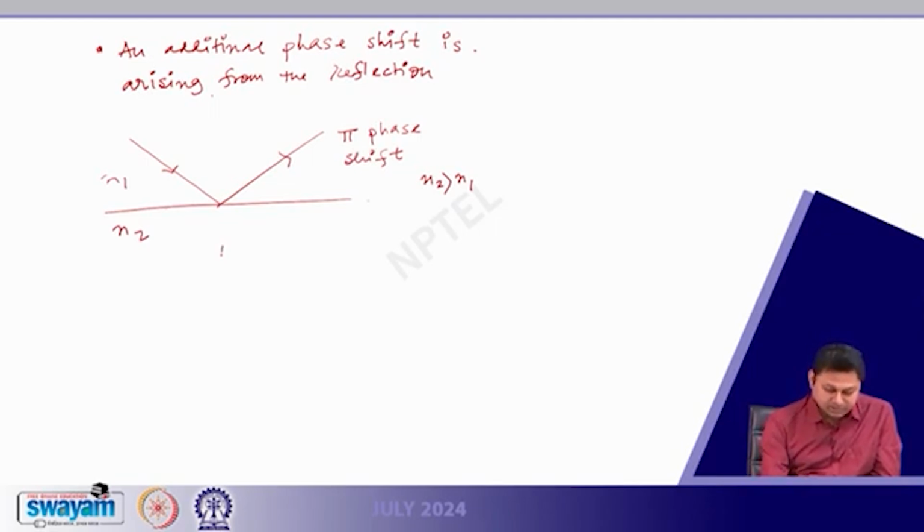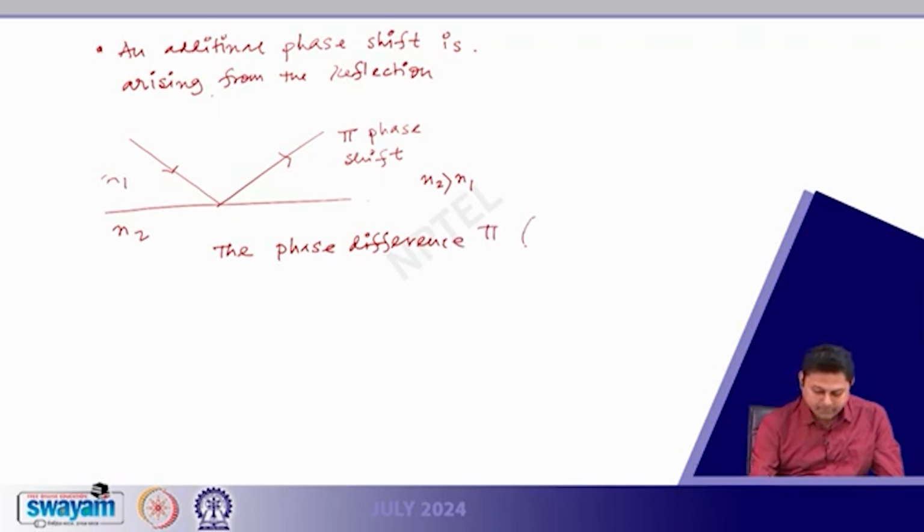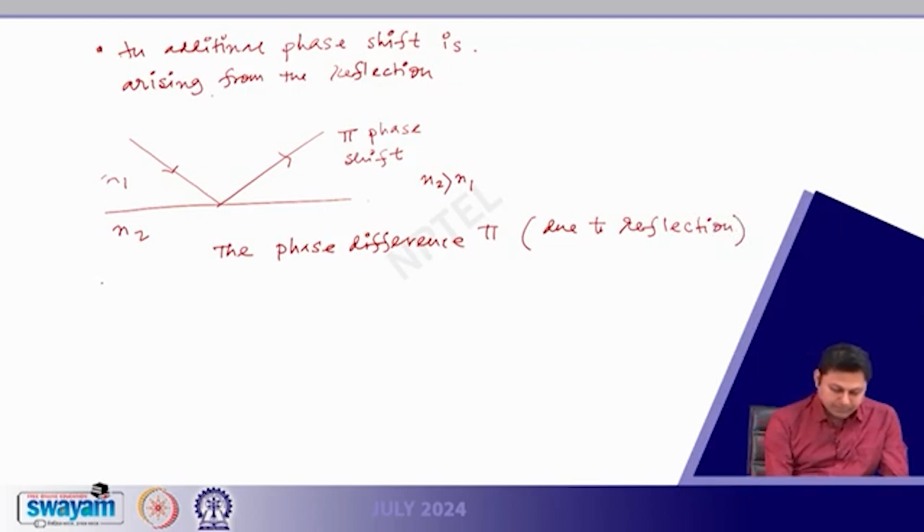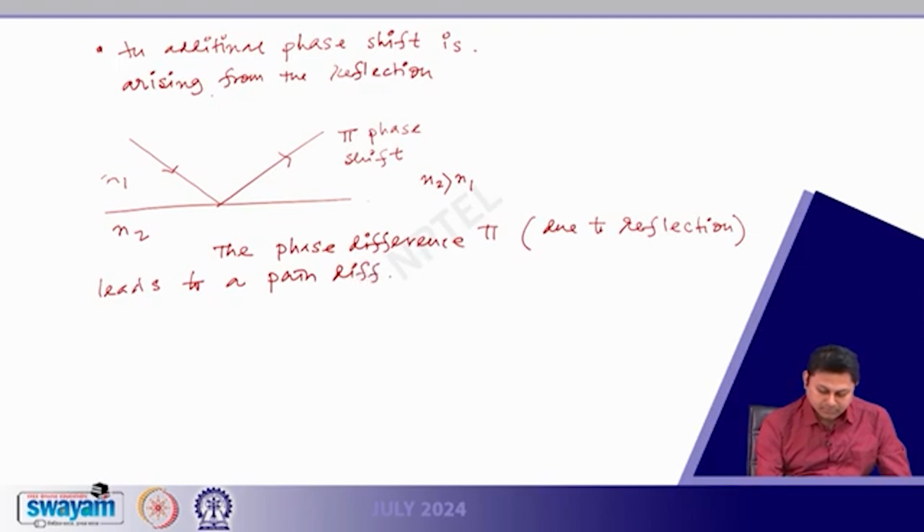So the phase difference pi due to reflection leads to a path difference, I write delta R, of lambda by 2.